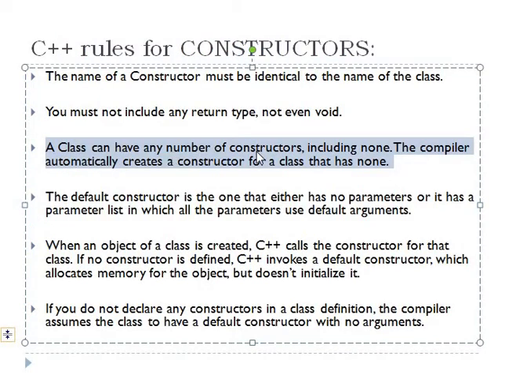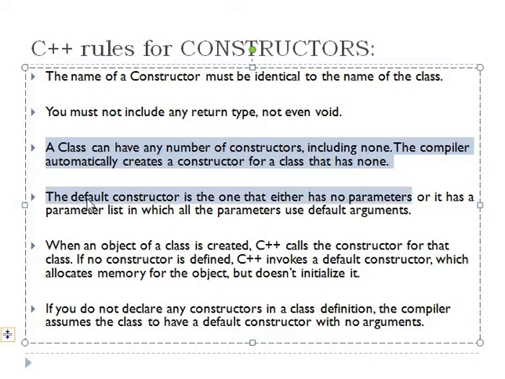A class can have any number of constructors, but if it doesn't have any constructor, then the compiler automatically creates a constructor for that class. And then when an object of a class gets created, the default constructor gets invoked that has been created by the compiler.